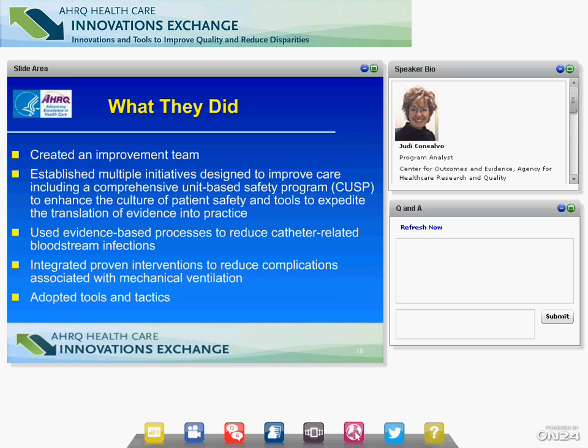The tools can help speed adoption of evidence-based practices and proven interventions to reduce catheter-associated bloodstream infection and complications associated with mechanical ventilation. They adopted these tools and tactics. Now you're sold. So the problem is big. The solutions are outlined in terms of what they decided to do. And next the question is, did it work?